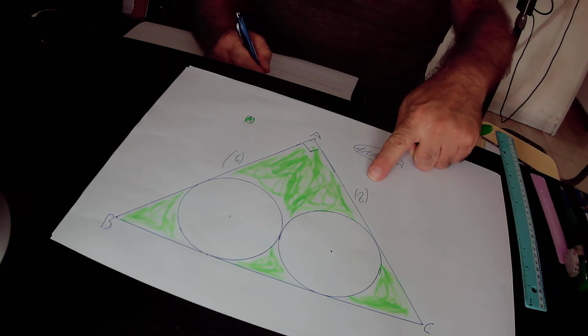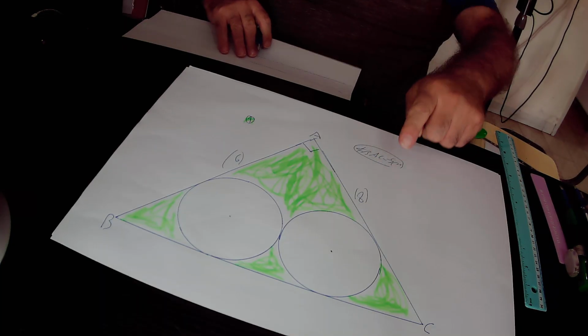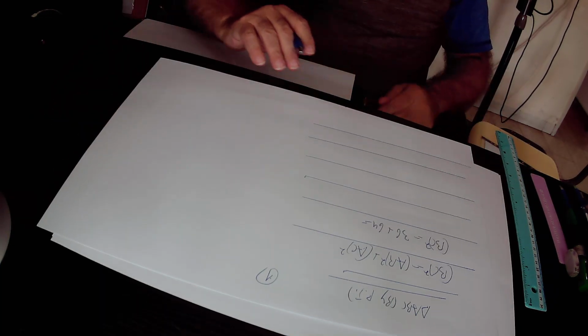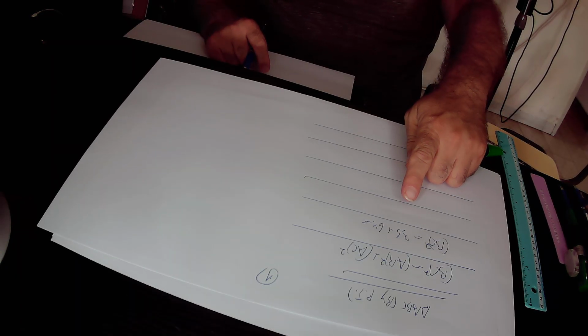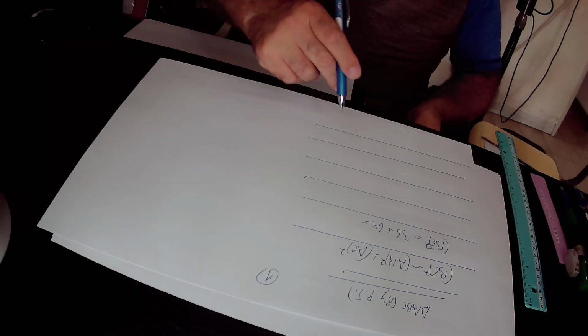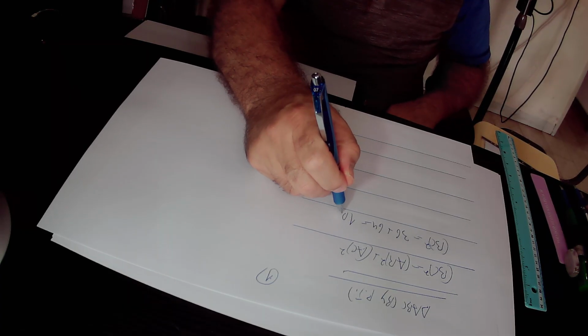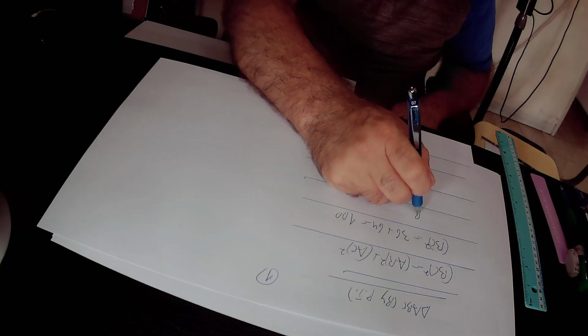AC is 8, therefore AC squared is 64. So BC squared equals 36 plus 64, that is 100.